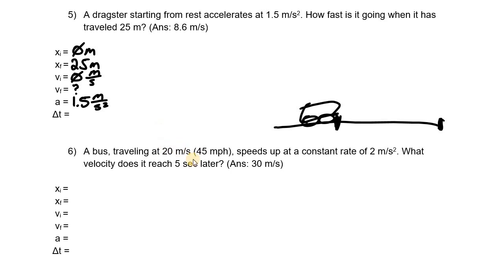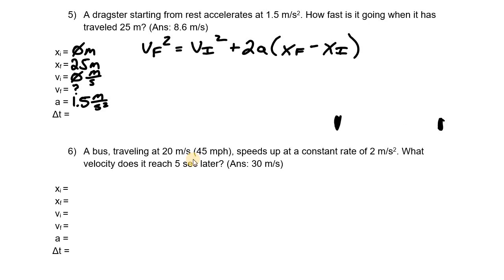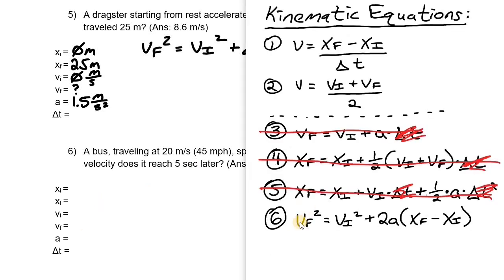So let's write that out right now. We have VF squared is equal to VI squared plus 2a times XF minus XI. And always double check that you actually wrote the formula correctly. That would be an awful mistake to make, and I've seen students do that.